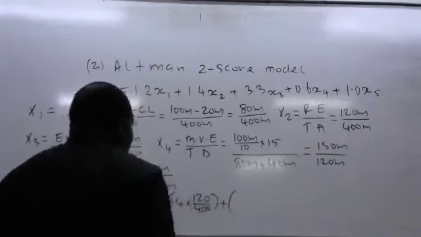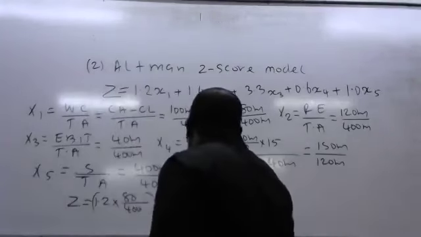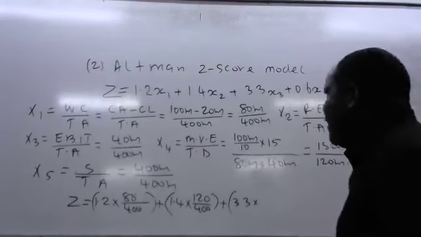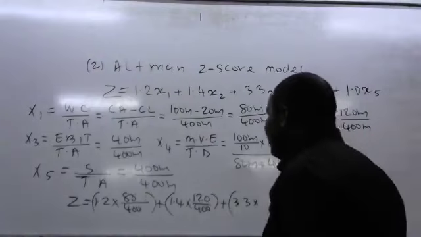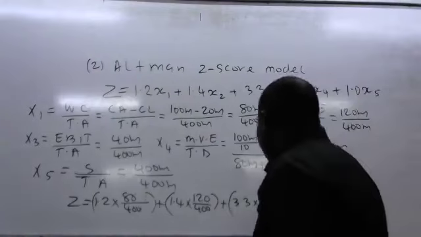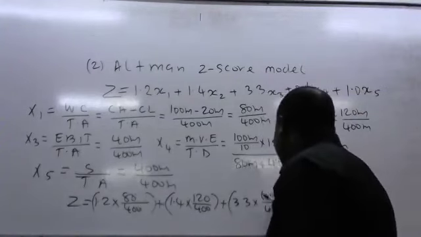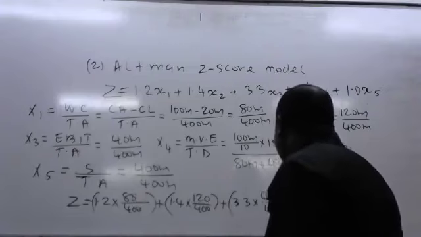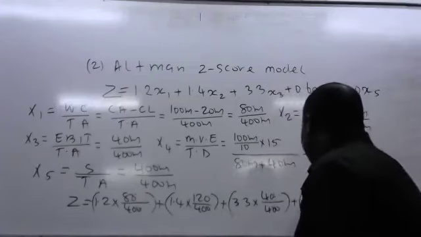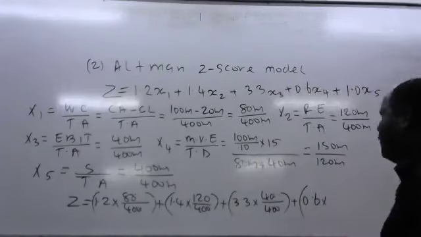Then 3.3 x3. Our x3 is meant to be what? 40 millions, also divided by 400 millions. Then we also have 0.6 x4.